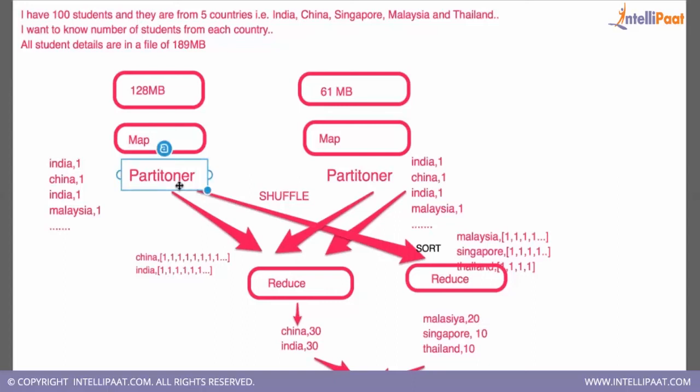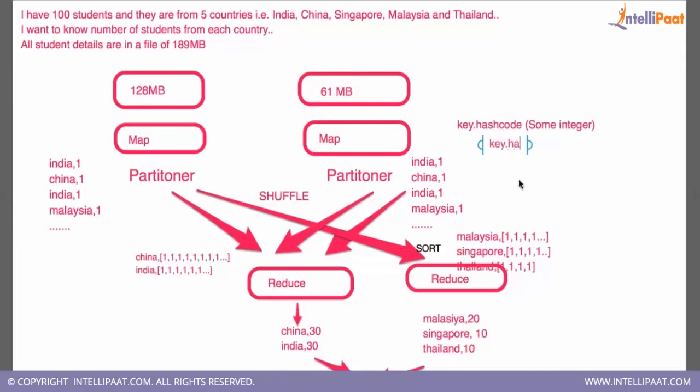Partitioner is a guy who load balances, but on what formula? Let's understand that. Partitioner uses a generic formula: key dot hash code. Now hash code, don't worry, is just an integer generated by the JVM, Java Virtual Machine.